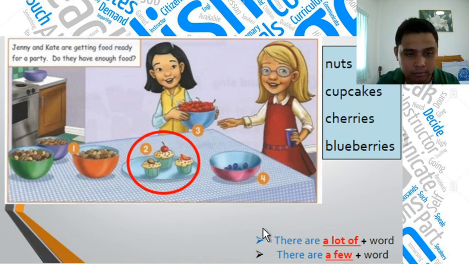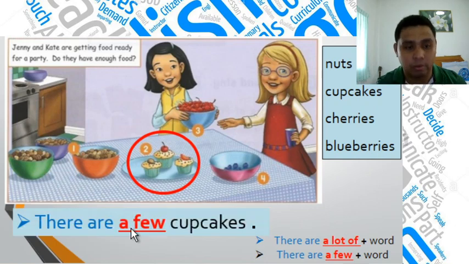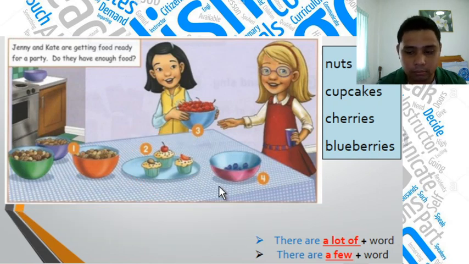Don't forget, what will be the answer? There are a lot of or there are a few? This one is less than 5. The answer will be there are a few cupcakes.